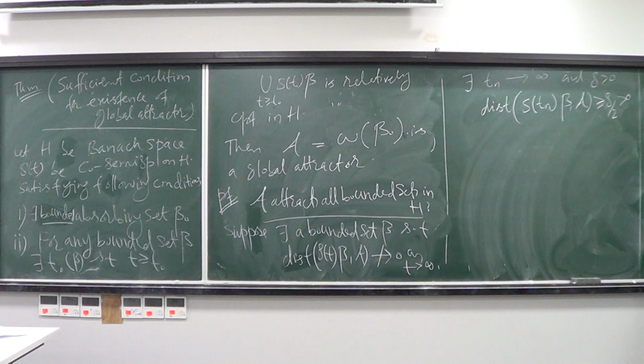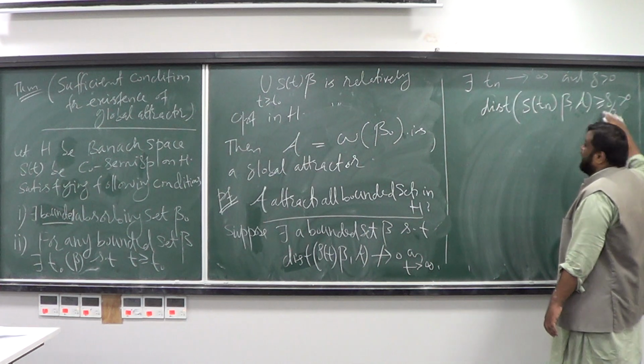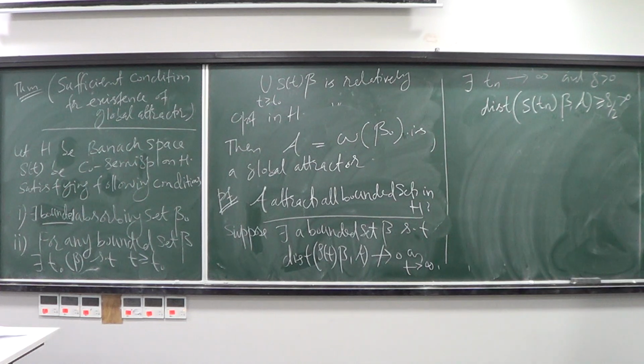So in other words, we can't make these two sets closer than delta by 2. So there will always be a distance of delta by 2 between them actually.